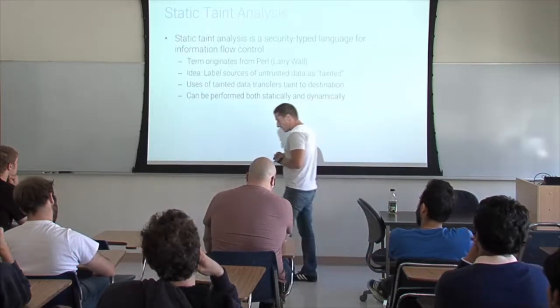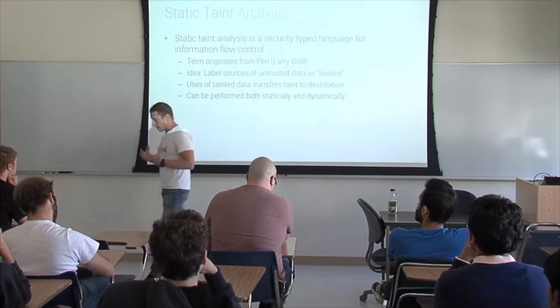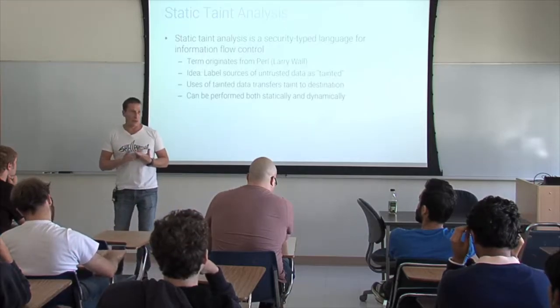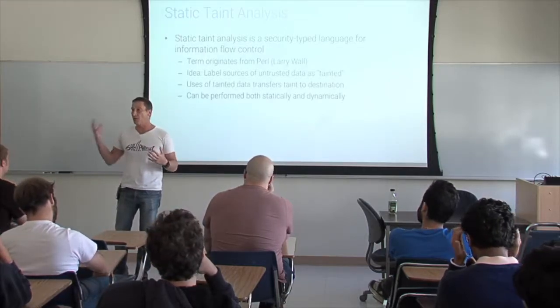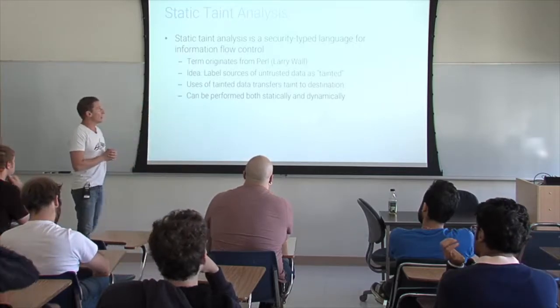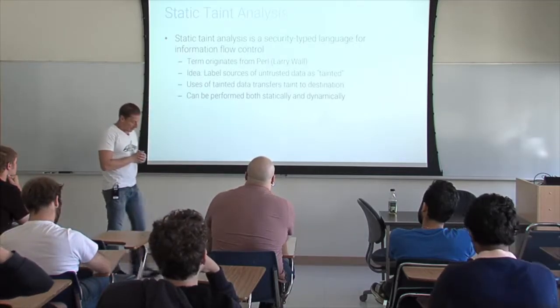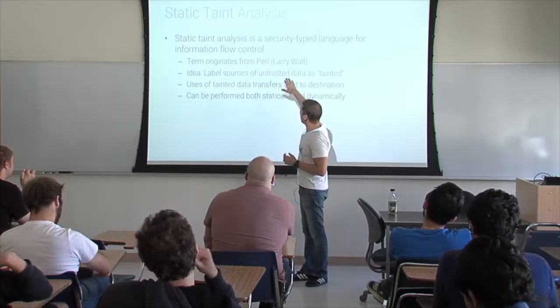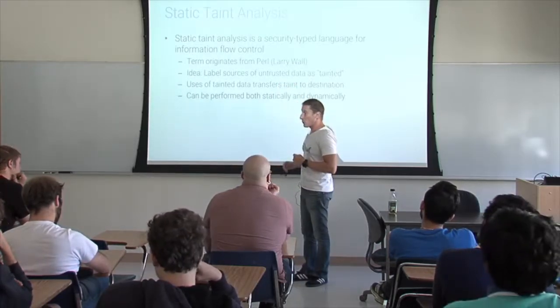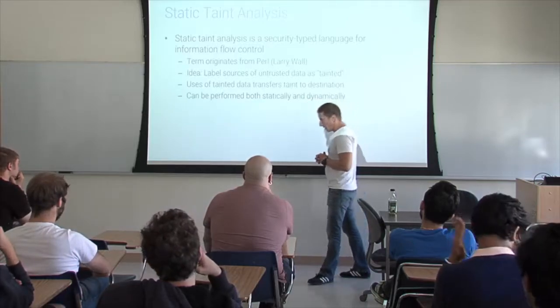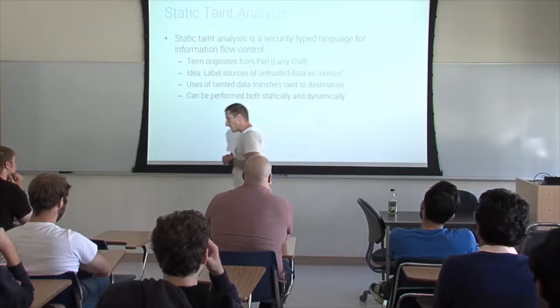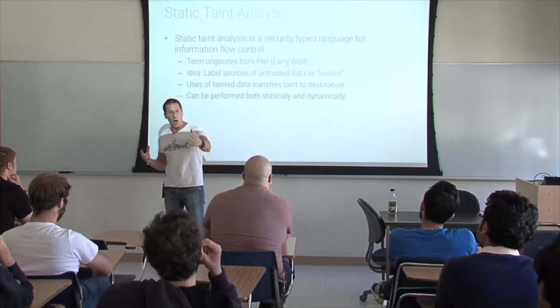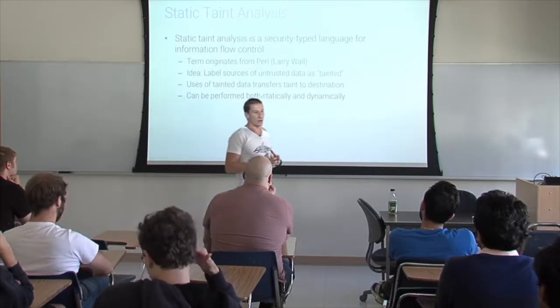Static taint analysis. This is taint analysis, and we talked about it. It's fundamentally a data flow problem where you represent how data flows through the program. It was actually introduced by the person who created Perl, who decided that he wanted to prevent exactly the common injection attacks that we have seen in scripting languages.